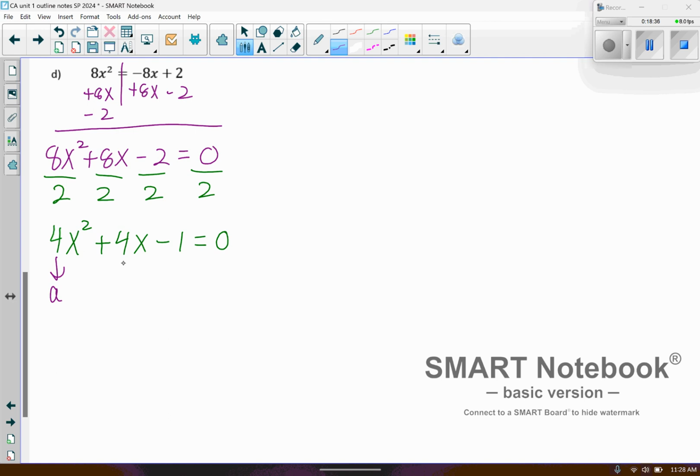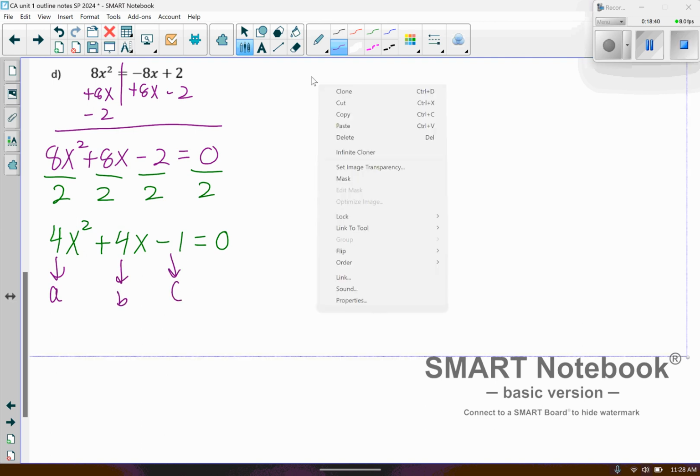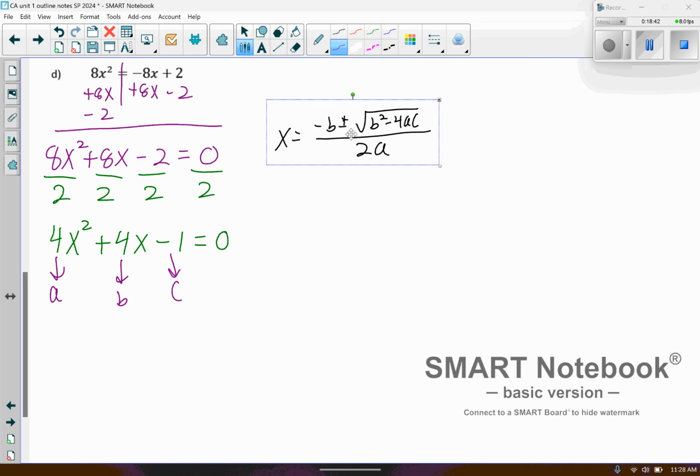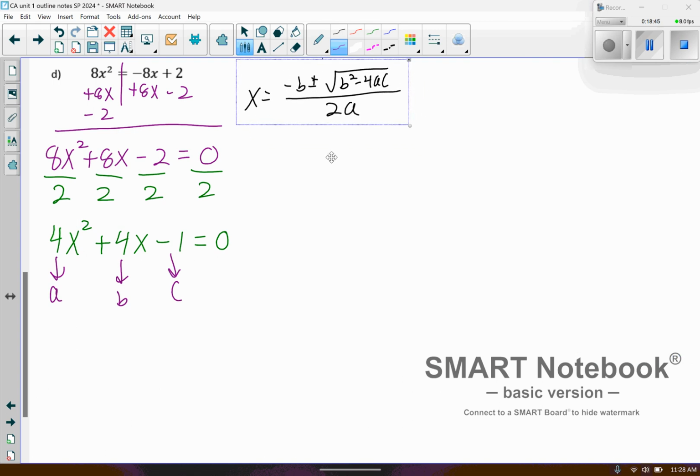So here's my A, my B, and my C. And so let me put my quadratic formula up here. So let's go ahead and substitute our values in. So let's see, we're going to have negative 4 plus or minus the square root of 4 squared minus 4 times 4 times negative 1. And then all divided by 2 times 4.